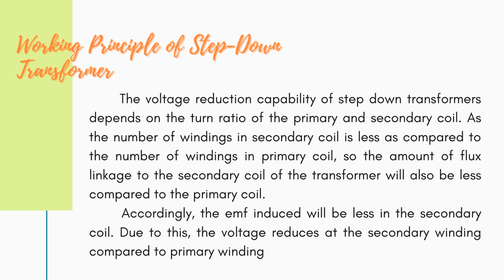As the number of windings in the secondary coil is less compared to the primary coil, the amount of flux linkage to the secondary coil will also be less. Accordingly, the EMF induced will be less in the secondary coil. Due to this, the voltage reduces at the secondary winding compared to the primary winding.